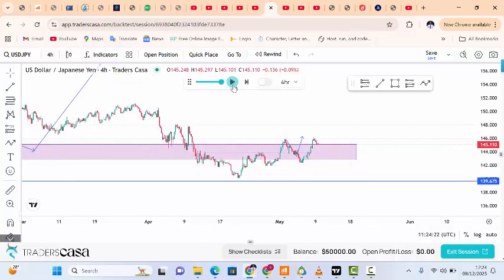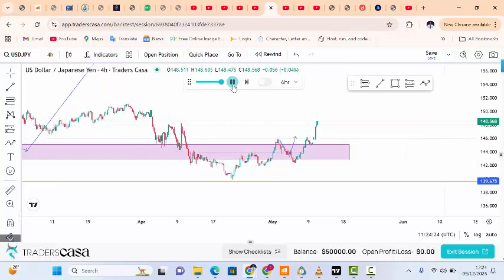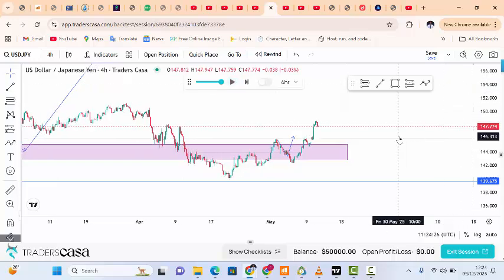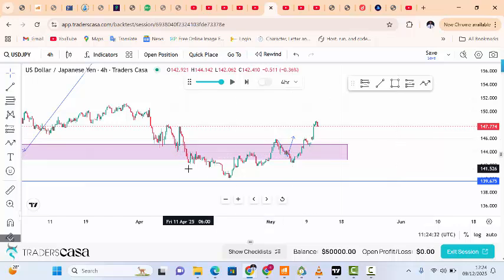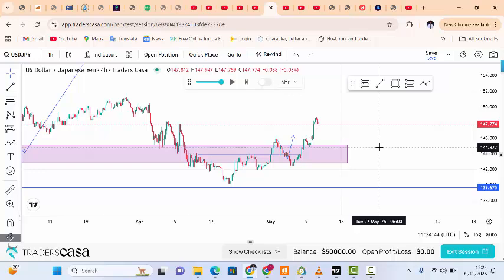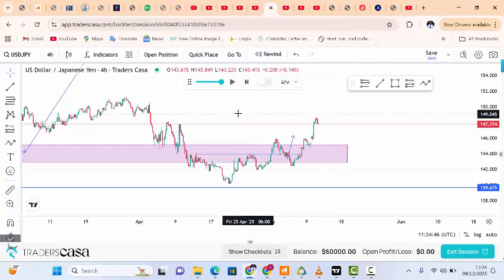Are you seeing what I'm saying now? Good. The same thing I just did. So we have sweep, break of structure, sweep. Hold on. It's break of structure, sweep, break of structure, engagement. Okay, now that we have established this, we are going to take our buy now.